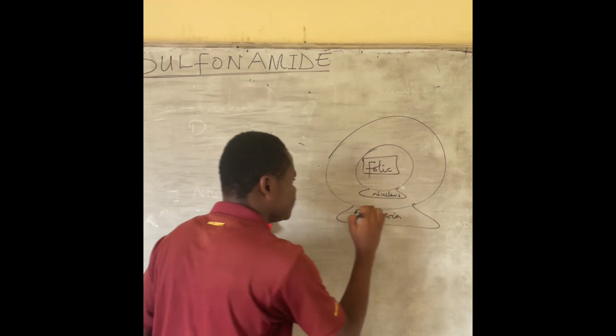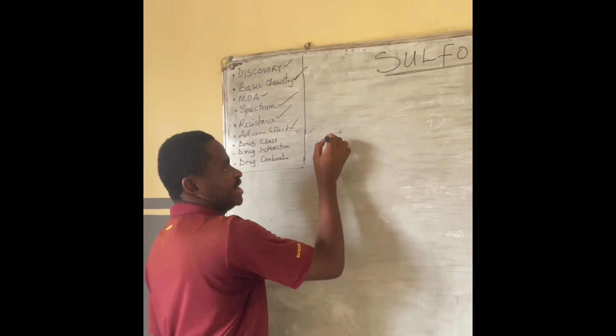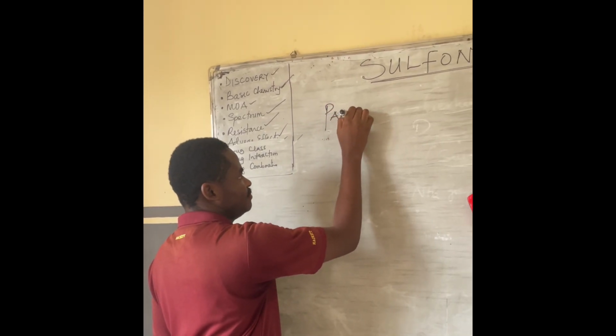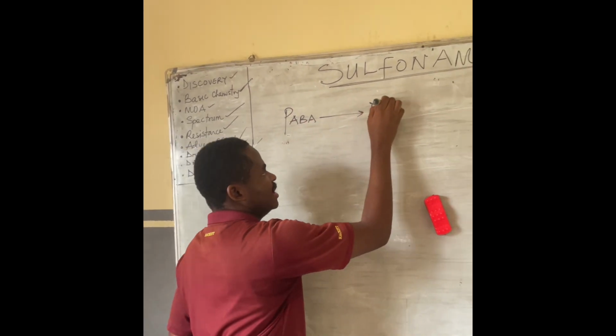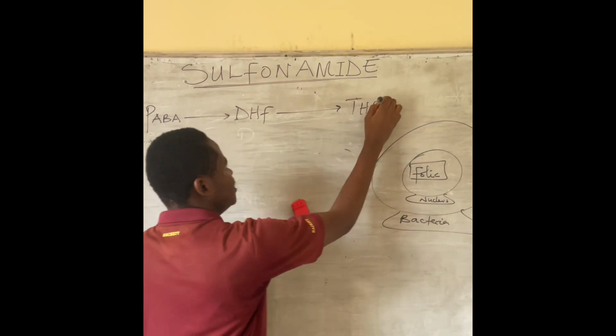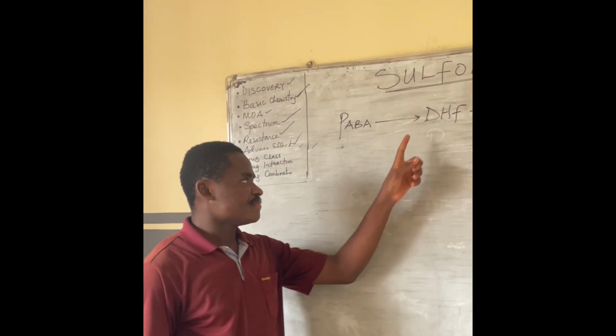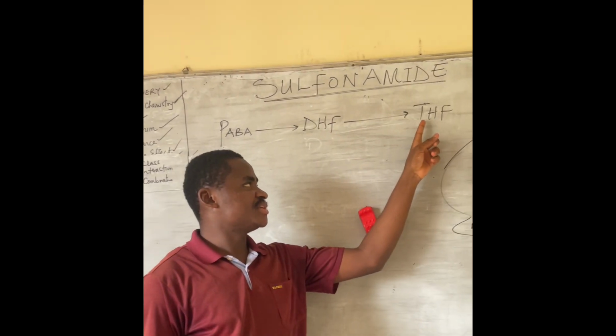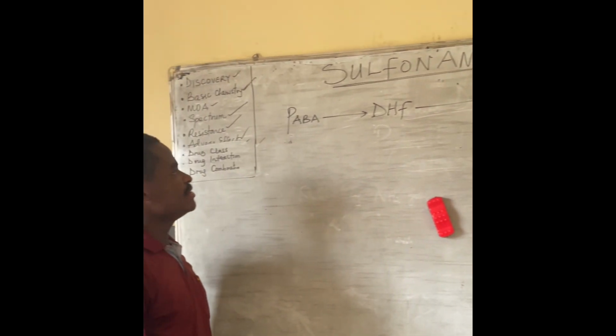So how does this happen? Let me write that pathway. Folic acid is produced by converting PABA to DHF and then DHF to THF. DHF stands for dihydrofolate. THF stands for tetrahydrofolate. What are the names of the enzymes?